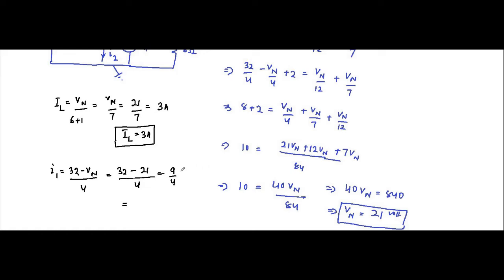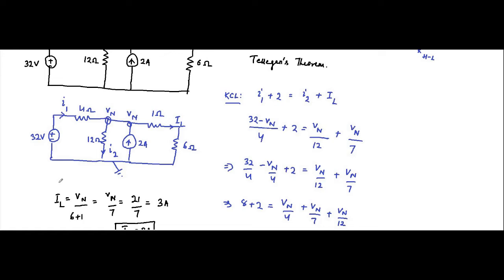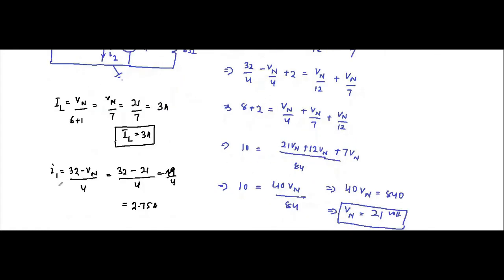Okay, it is 11, by mistake I did it. It is 11 by 4, so it is coming around 2.75 ampere. Okay, this is 32 minus 21 is 11. So by mistake I wrote it 9 by 4. Then I2 is Vn by 12.